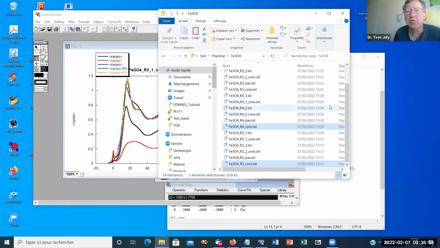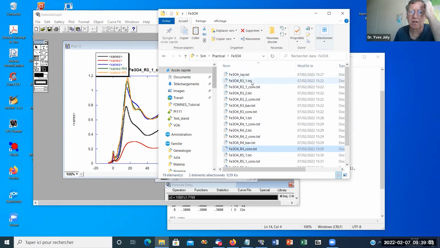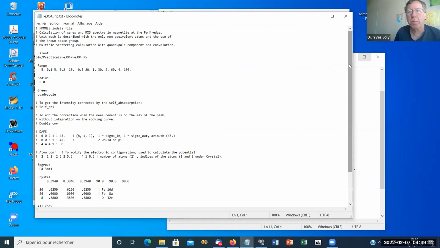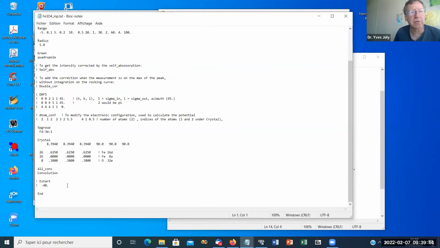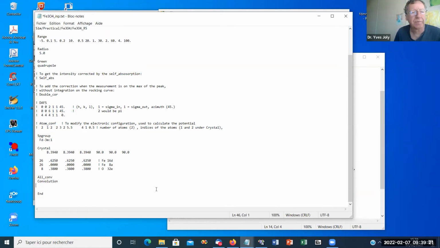Maybe, yes, we can do it with iron, why not? So to change, I could write anywhere in the data file. To change the width of the core hole, the keyword is gamma_hole.